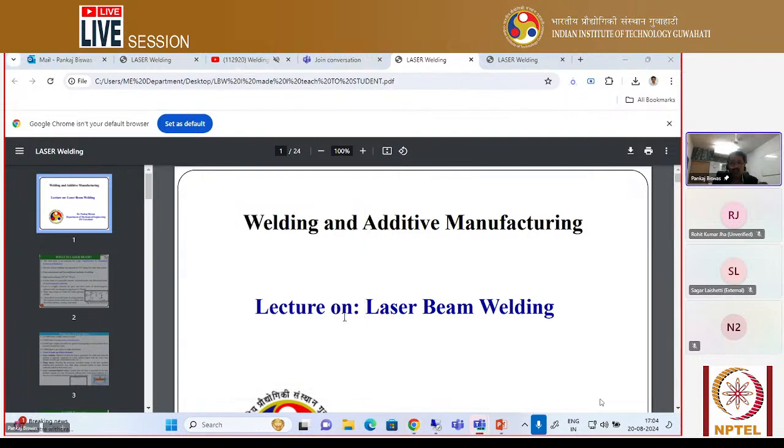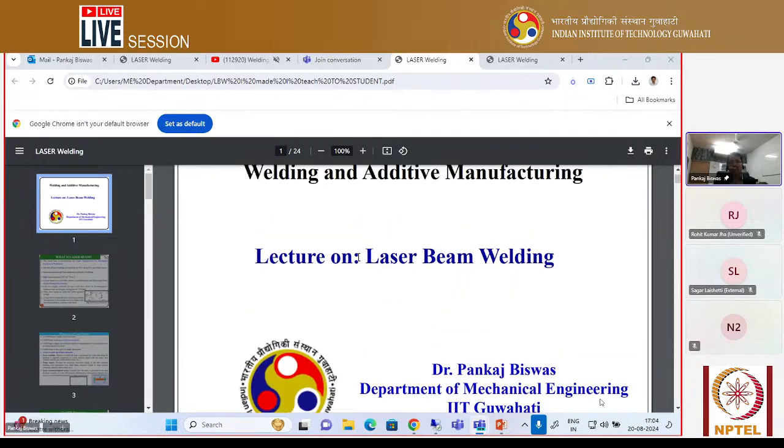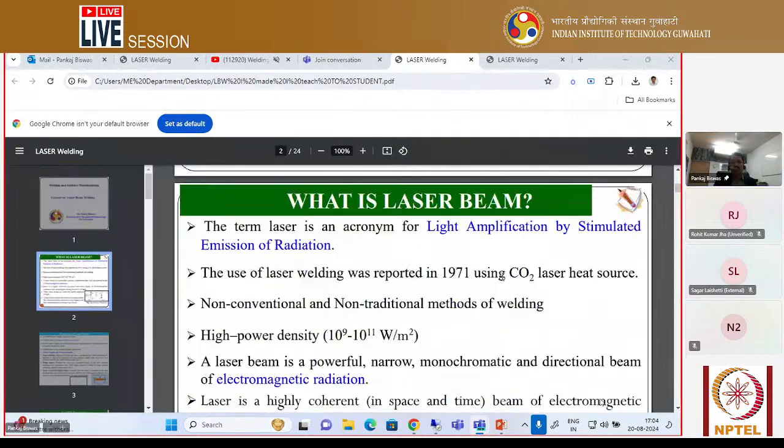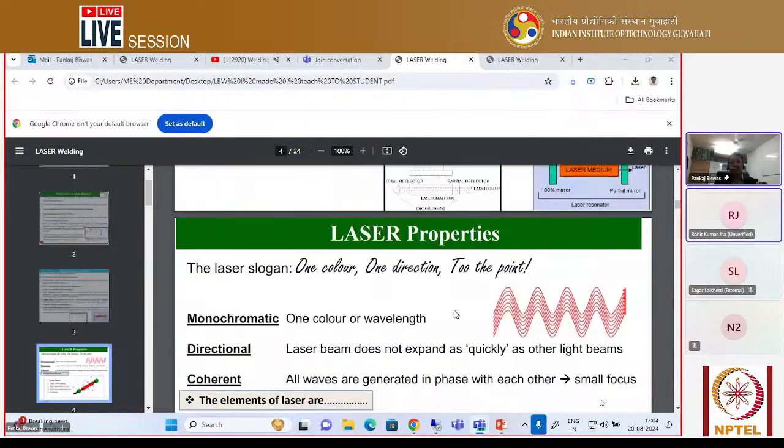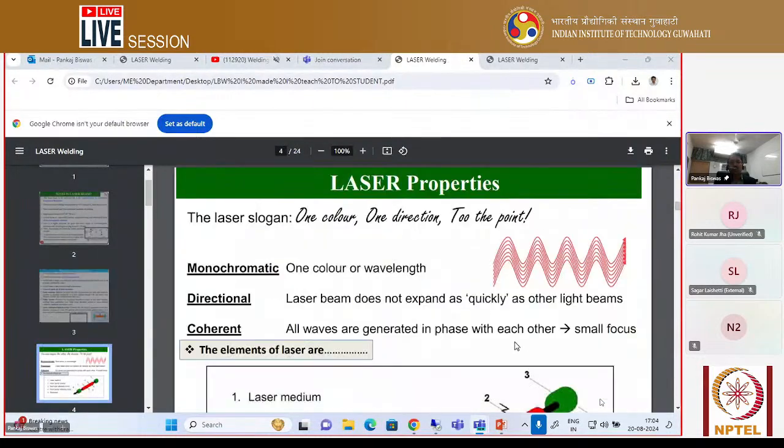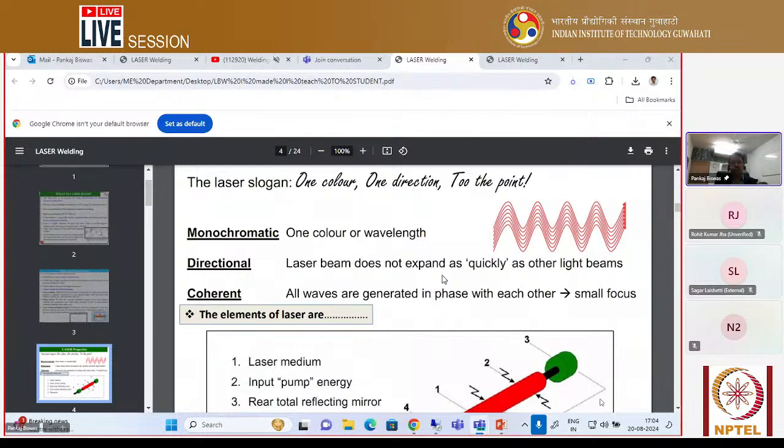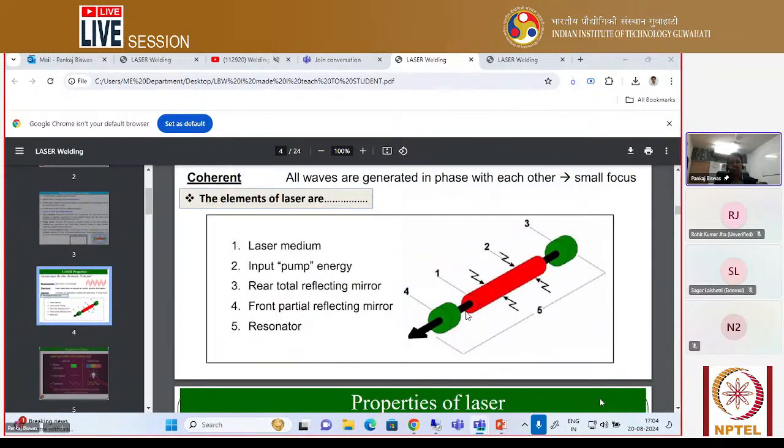Is it visible? This is my lecture on laser beam welding. I'm showing what the different components are, what the laser properties are, and what the different components of a laser beam setup are.